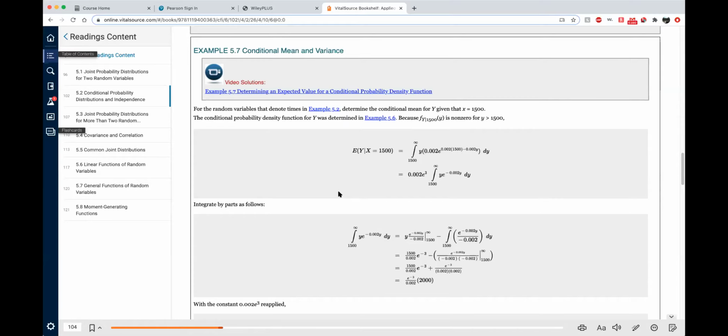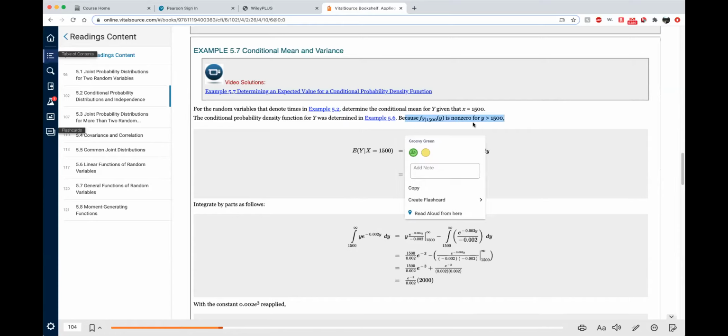Because f y given 1500 of y is non-zero for y greater than 1500, we can calculate this. So what does that mean?